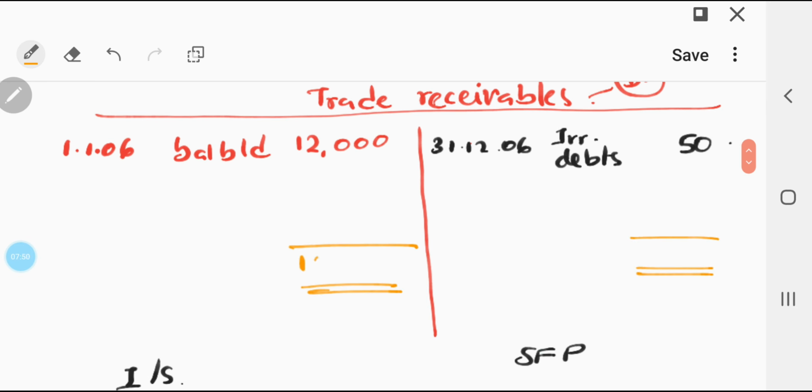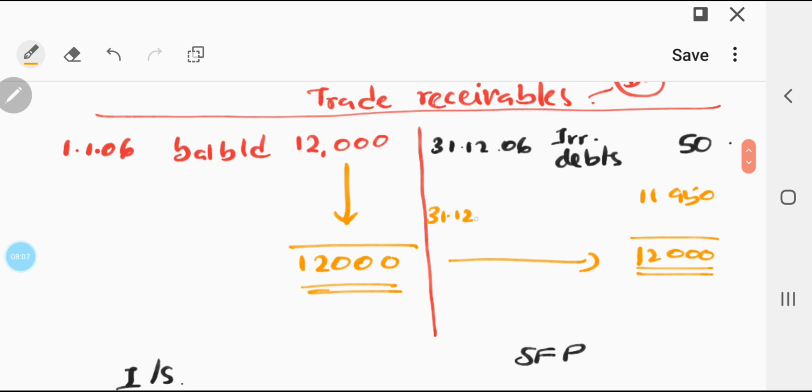As you can see, debit side is greater, bring the 12,000 down, 12,000. Now from 12,000 take away 50, which gives you 11,950.